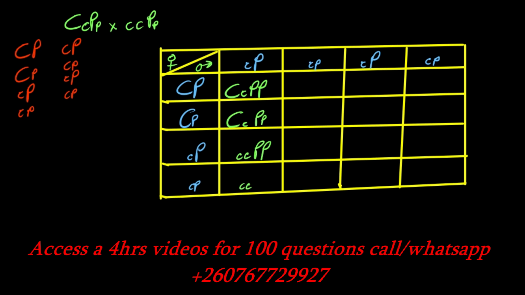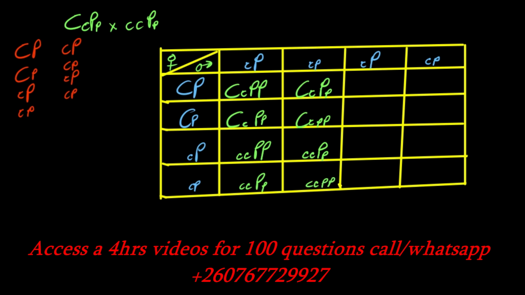Then c, c, p, p. Then I'll come here: capital letter C, small letter c, capital letter P, small letter p. Then capital letter C, small letter c, small letter p, small letter p. Then small letter c, c, capital letter P, small letter p. Then this.